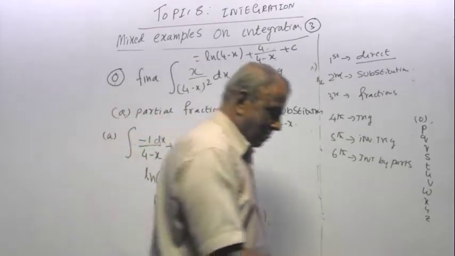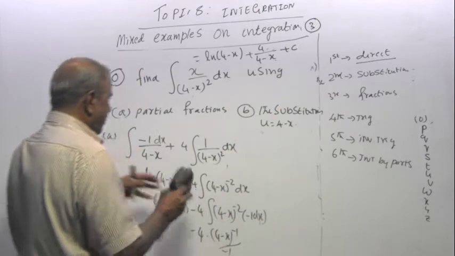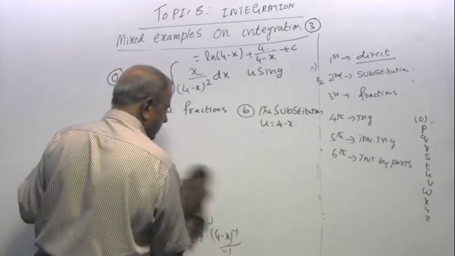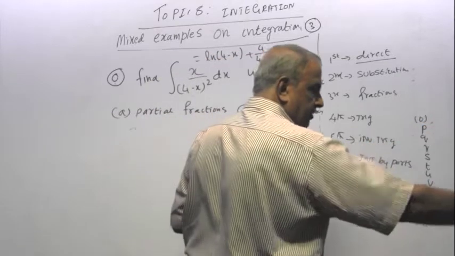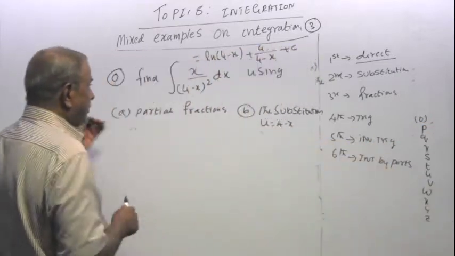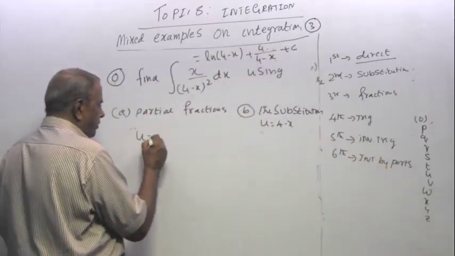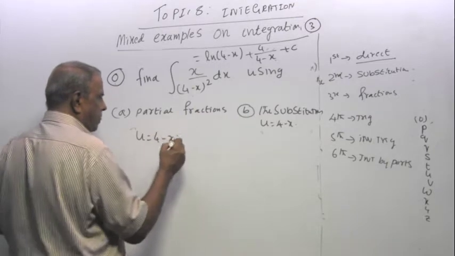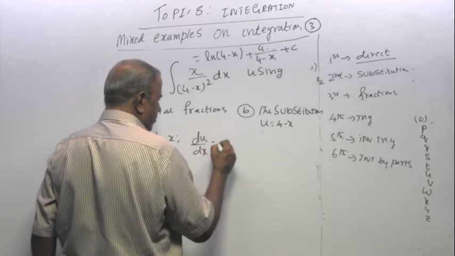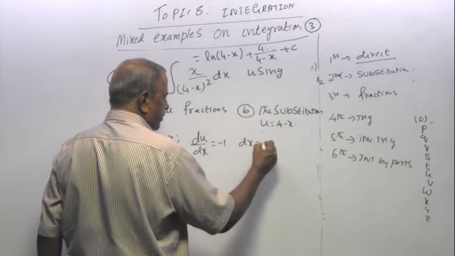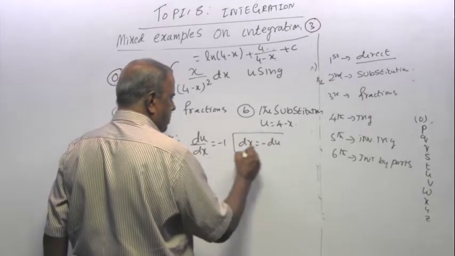Very good. Now, let's look at part B. He says, use the substitution. When a substitution is given, you have to use it. So, u equals 4 minus x. du by dx equals minus 1. So, dx equals minus du.